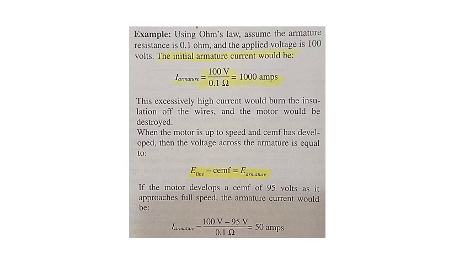This is a safe current for this motor armature to carry. Therefore, we should start the motor with the full series resistance in the armature circuit. Then the resistance should be gradually decreased until the motor can limit the current by its own CEMF.